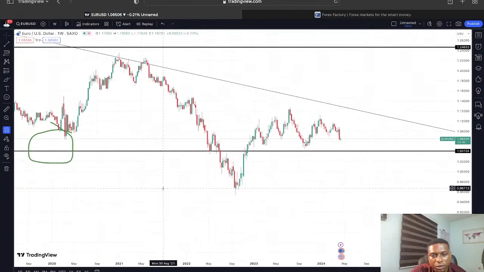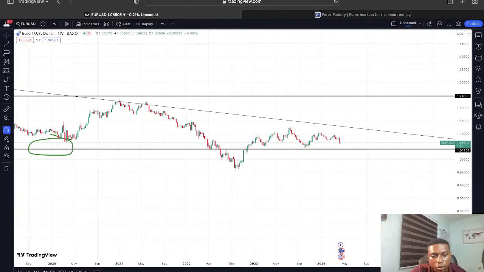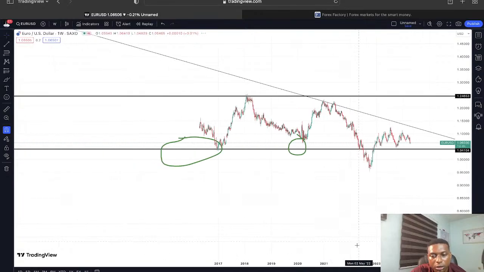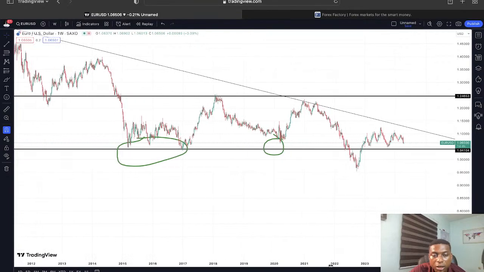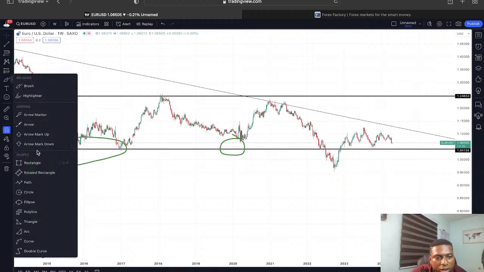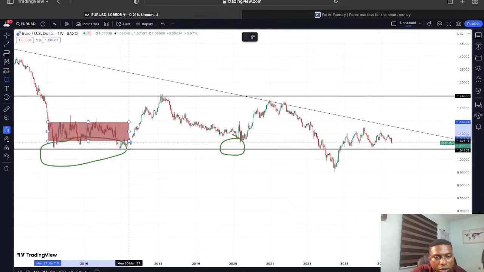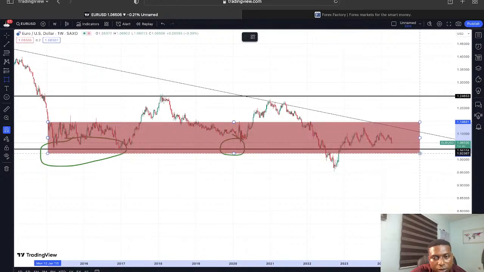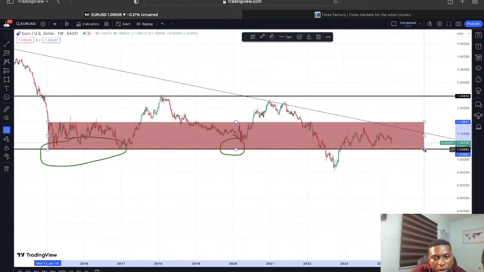On the weekly time frame, we can see price more closely, and now we see how price broke out of this support zone, came down, and created a consolidation on this level.